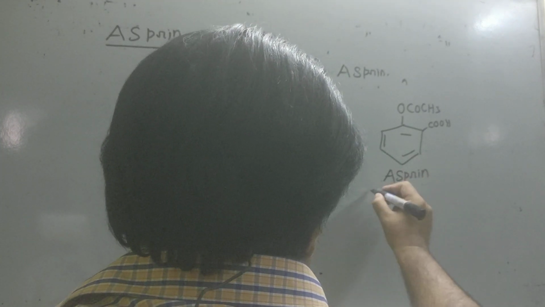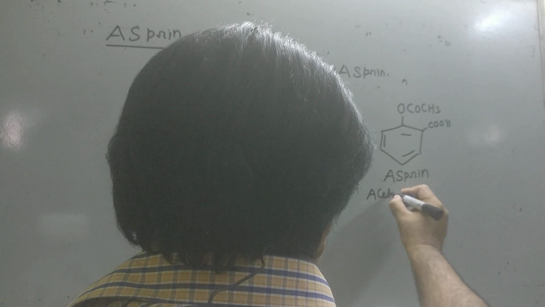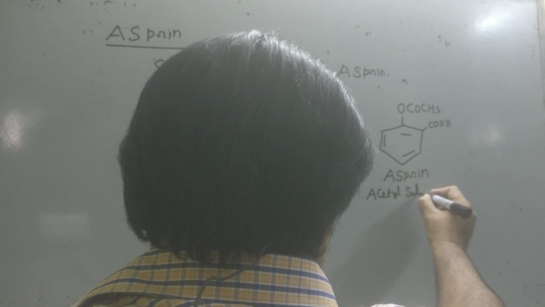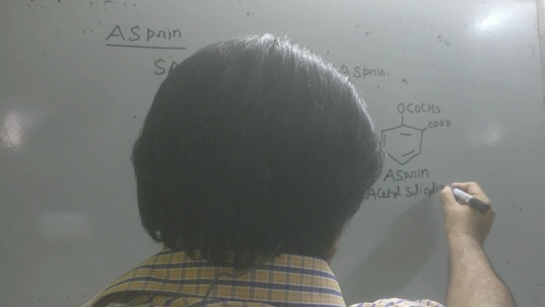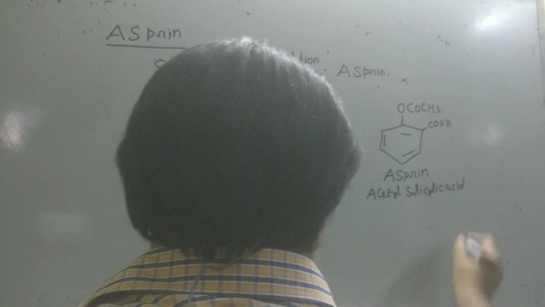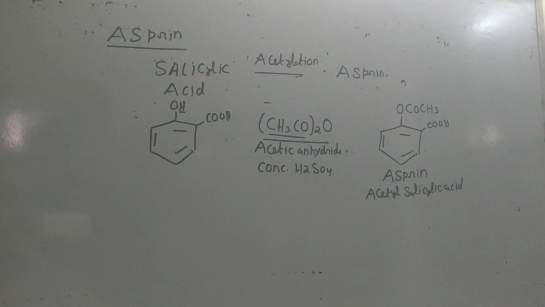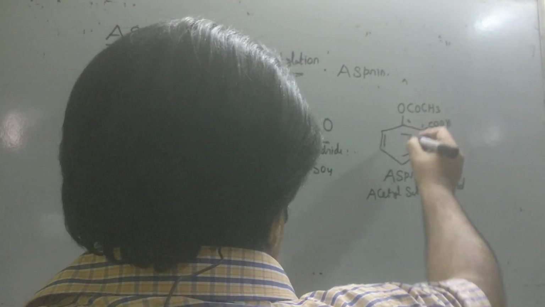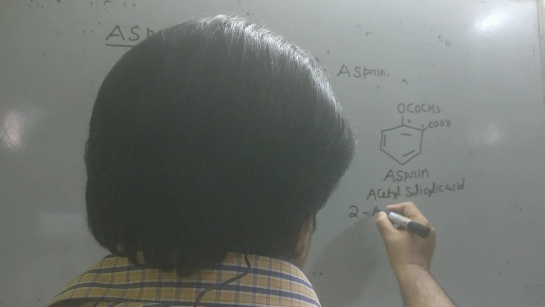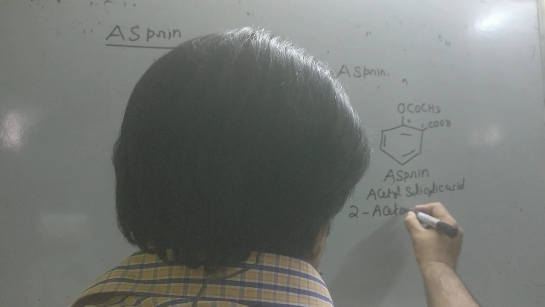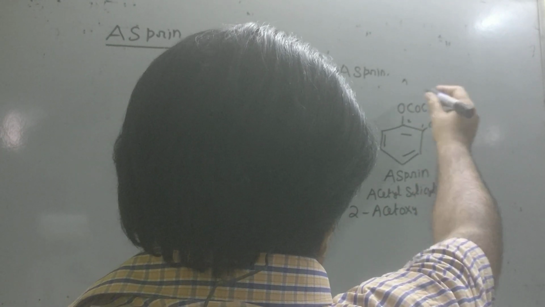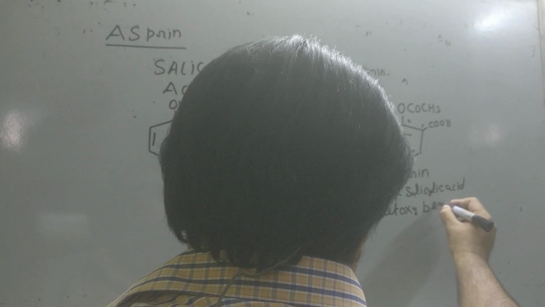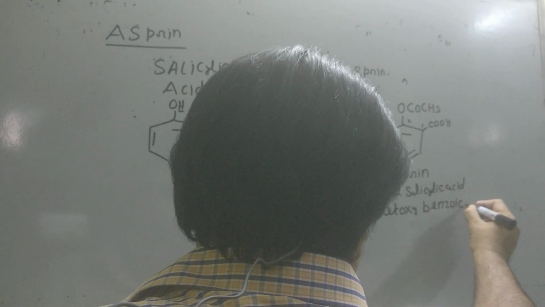It can also be called acetylsalicylic acid, since it is made by acetylation of salicylic acid. If you want to give its IUPAC name, it will be as follows. It will be called 2-acetoxy. This group is called acetoxy, and the rest of the compound is benzoic acid.